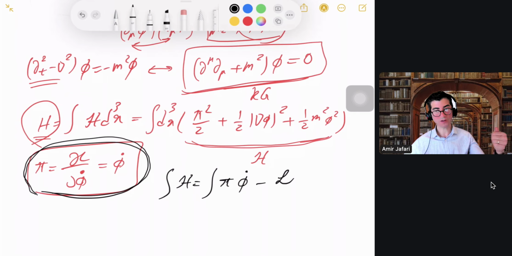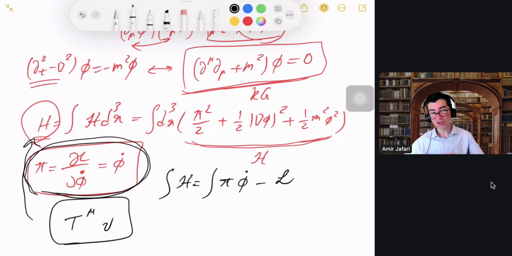The answer to this question is that we don't do this. We don't pick a preferred time. We also have derivatives with respect to space. And instead of the Hamiltonian, basically we have an energy-momentum tensor, and the Hamiltonian is basically the 0,0 component of that tensor.